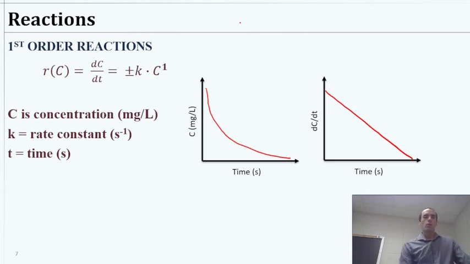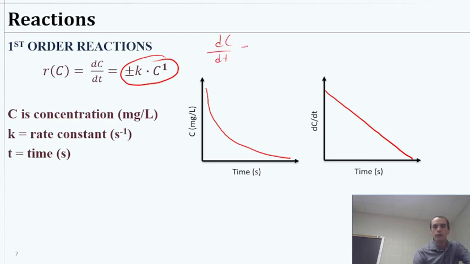But essentially, if we take a look at these units, we have a k and a C to the 1 power. That means that whatever units are here for dC/dt, if we're using the same example, that's going to be milligrams per liter per second. That needs to be what k and C to the 1 power provides.